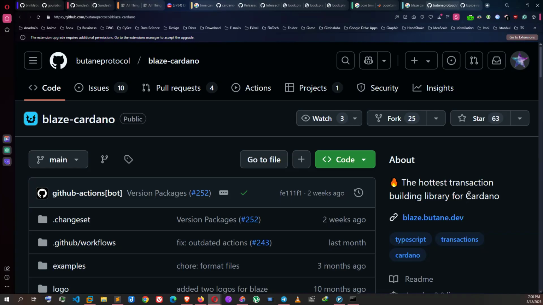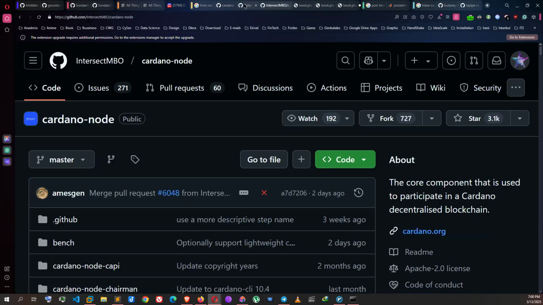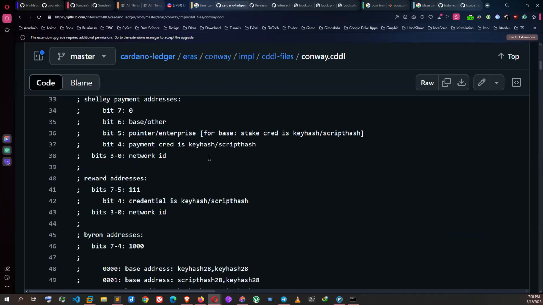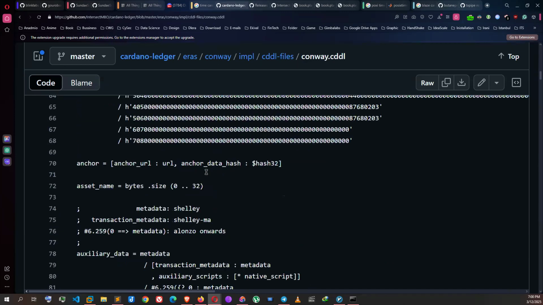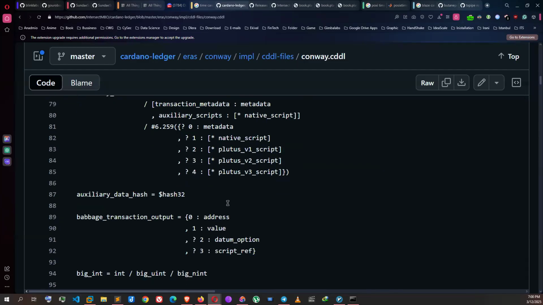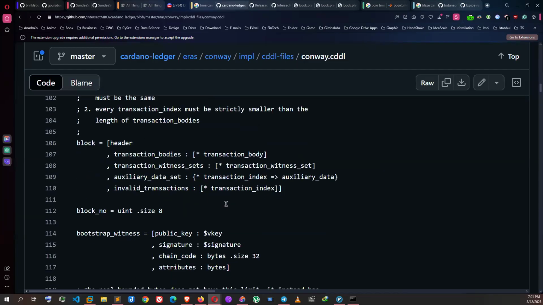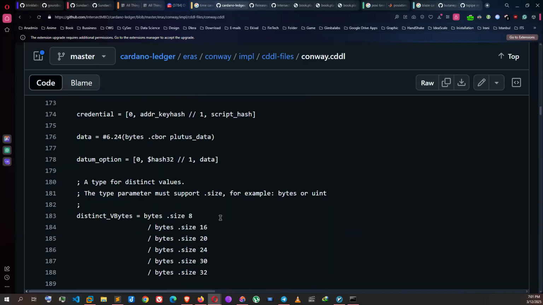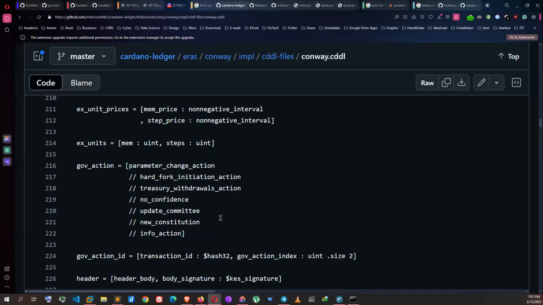And then these libraries assume that this is valid, all following CDDL, and that those transactions need to follow a CBOR rule.